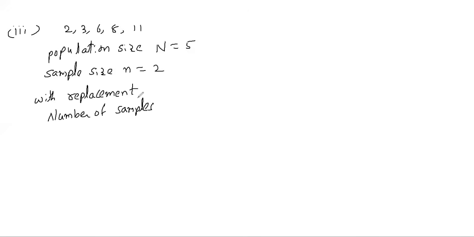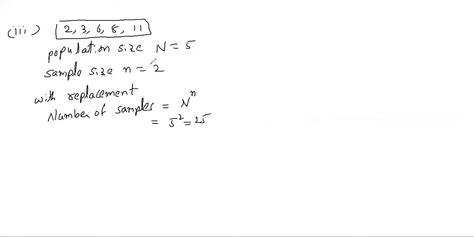My aim is, from this population of 5 data values, if we take 2 values, how many samples can we form? We can form capital N power small n samples. What is capital N? 5. 5 square, 25 samples we can form.